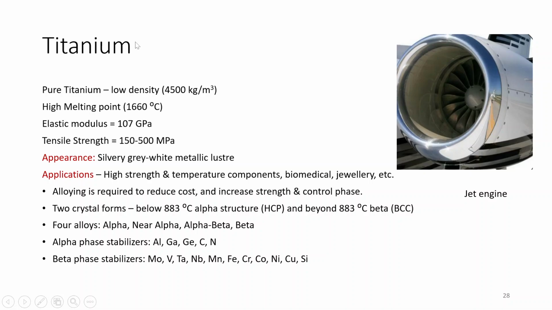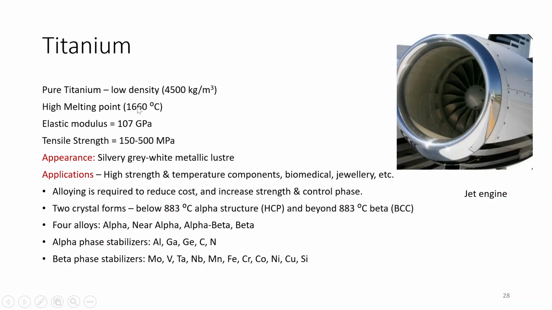Next is titanium. It is also one of the light metals, and in the case of pure titanium, it has a very low density of 4500 kg per meter cube, and it has a high melting point of 1660 degrees Celsius.